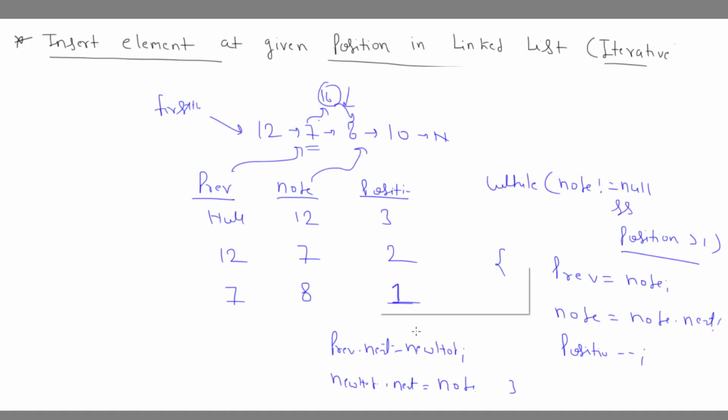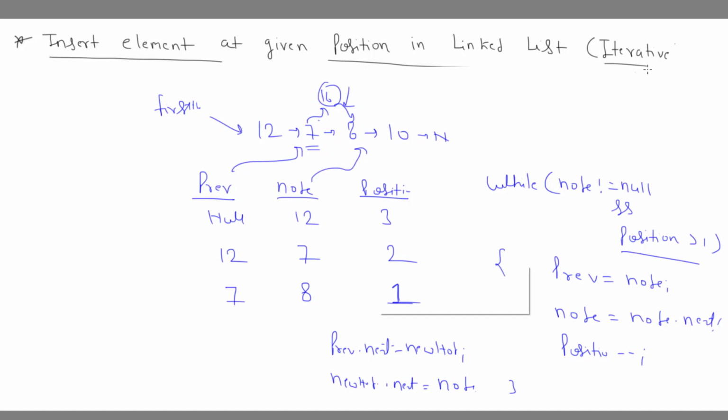Now let's see the time complexity of this one. If you see, first of all we just covered some cases, like if the position is less than 1, we simply return. But the main logic is that we have to reach this position and then add the element. So if we have n elements, at maximum we have to traverse n elements to reach that particular position.